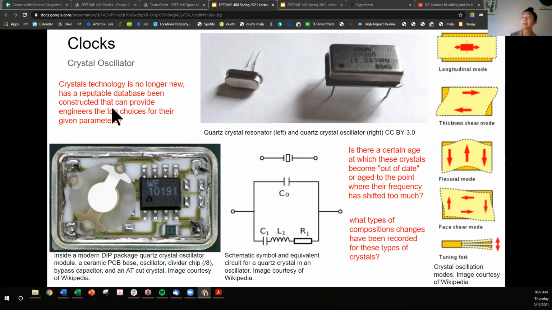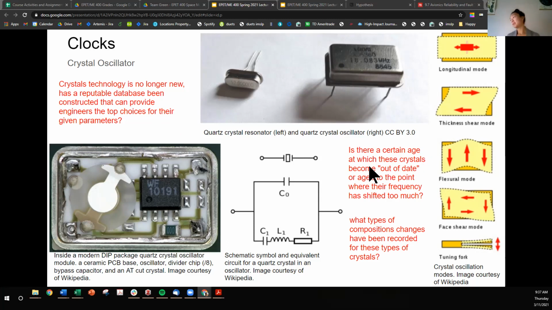So yes, I think maybe some database is out there. I would assume so because they've been around for so long. But regardless of whether a database exists or not, your data sheet should tell you the parameters or characteristics of your clock on board.